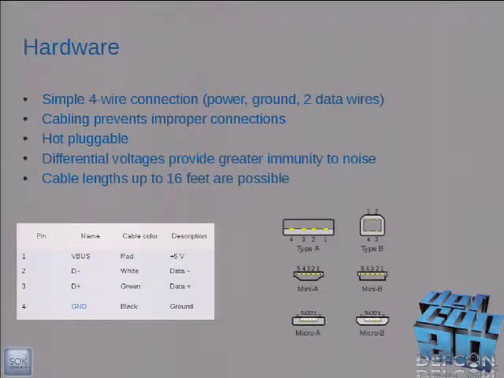If you're used to going old school serial, you know that you can very easily hook something up wrong, and you're like, oh, that's the wrong kind of RS-232 cable, or, oh, it's got the 25 pin, I needed the 9, and, oh, it's not a null modem cable, and they got rid of all of that hassle. Also made it hot pluggable, and they use differential voltages, which is good for noise and things like that on your lines. And you can have some fairly long USB cables, as much as 16 feet.